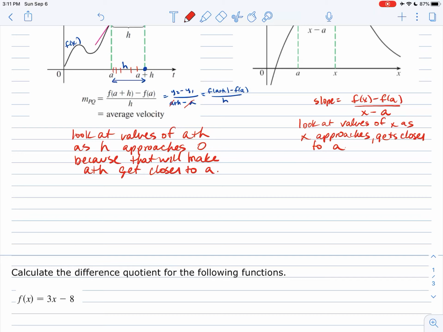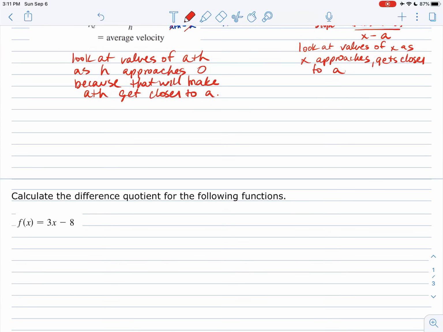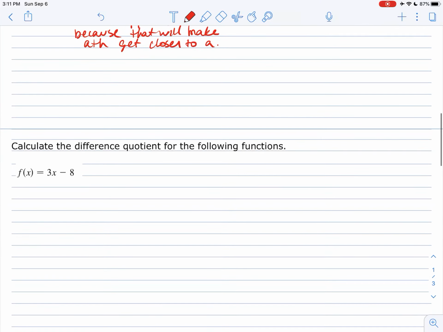So I thought we should practice simplifying, using our knowledge of algebra and simplification of algebraic expressions, how to simplify the difference quotient, because that will be very helpful after we study limits and calculating the derivative of our function, and our derivative will be defined as our instant rate of change.